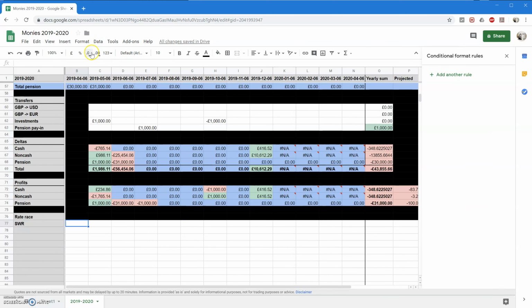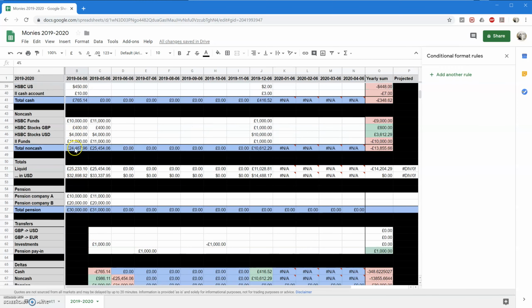So let's say safe withdrawal rate, which is the percentage that is safe to withdraw from your savings and spend, and you assume that your return on investments on the remaining money will top that up, and it's all supposed to be compensated for inflation, etc. 4% is a normal percentage, so that's what I'm going to use here.